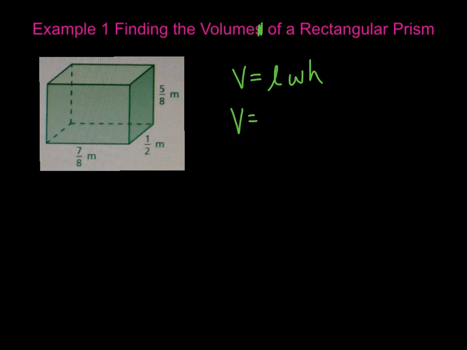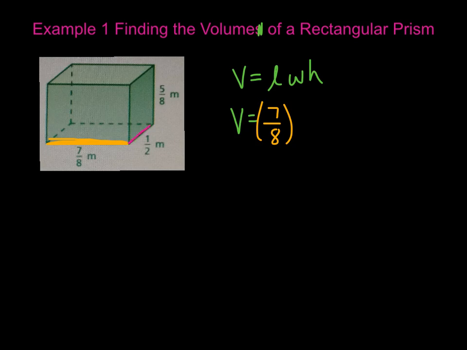So my length is this one right down here. This is my length, this line. My length in here is 7/8. So I'm going to put 7/8. I'm going to put it in parentheses because we're going to multiply it by W. We're going to multiply it by H. My next one is my width. So I have length, width, and height.